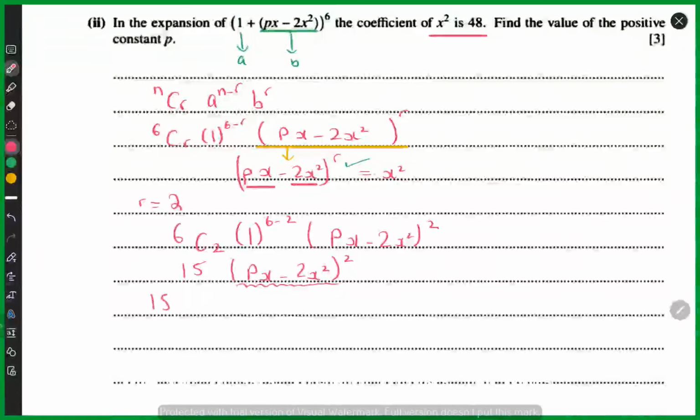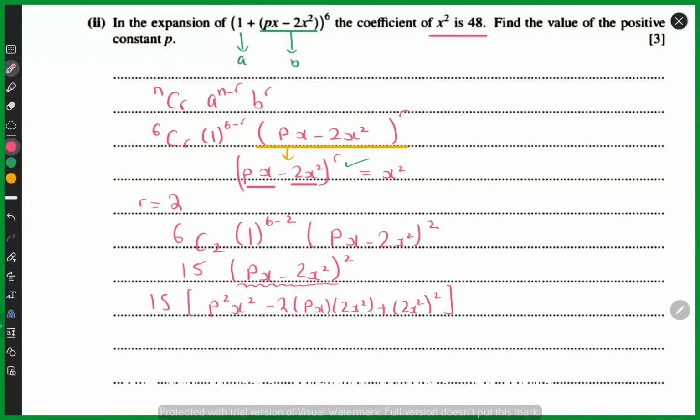When I expand this part, I am going to get p squared x squared, then minus 2 multiplied by the first term and then the second term, and finally (2x squared) to the power 2. This is what we are going to get.